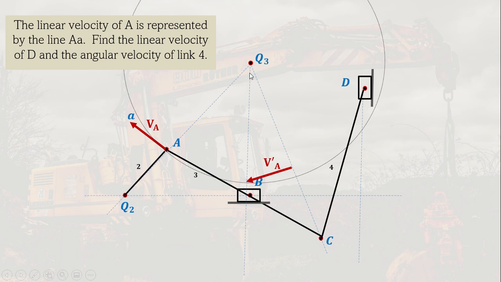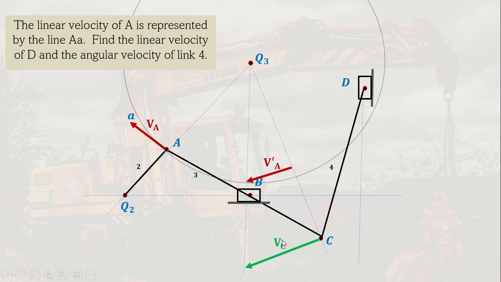So this is just a virtual center, but all of these points now have a relationship to that instant center. So we're going to draw also a line that is perpendicular to this Q3C, and that will intersect this line here, so that it will be proportional. So as we draw that, that is actually now the absolute velocity of C.